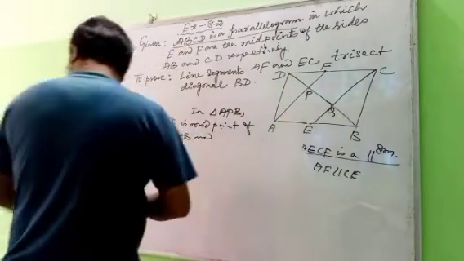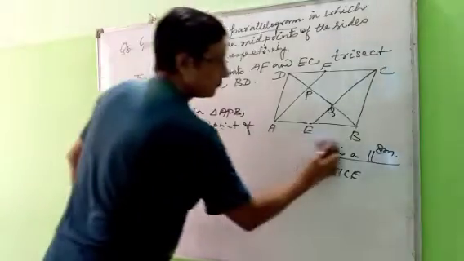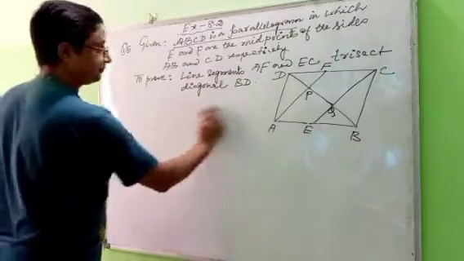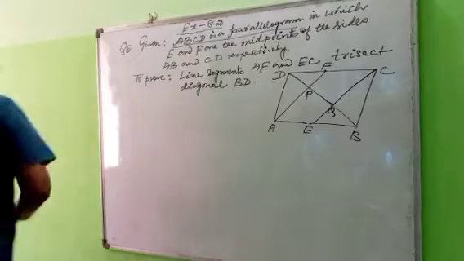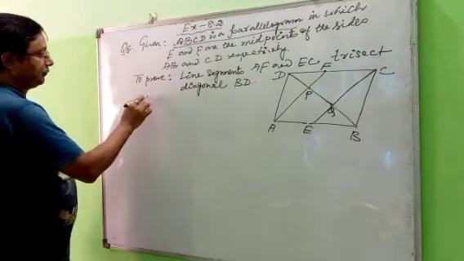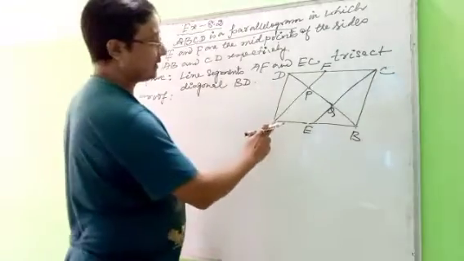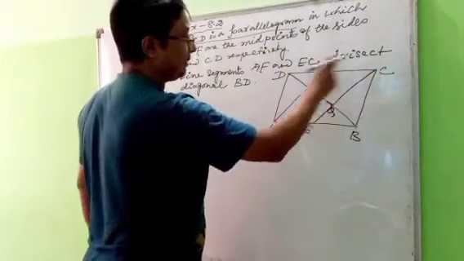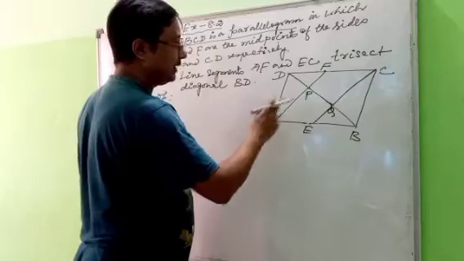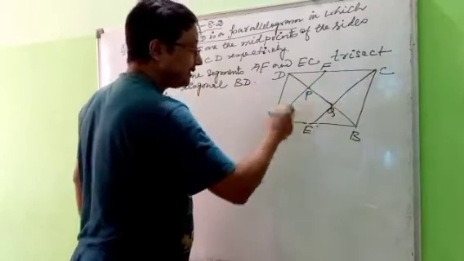So now let us take the proof. So the first condition, you will make AECF a parallelogram, whereby you will get AF is parallel to CE.